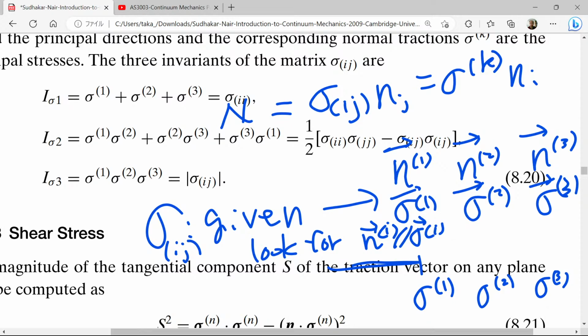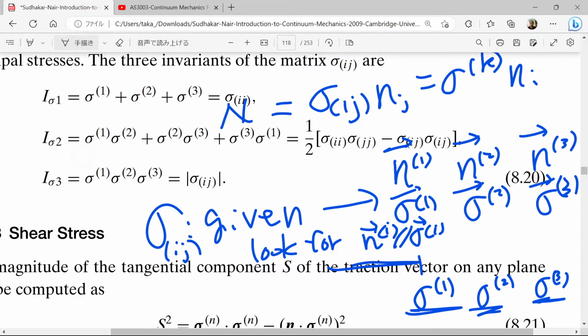Then we obtain this one, sigma 1, sigma 2, sigma 3. And these are called principal axes.